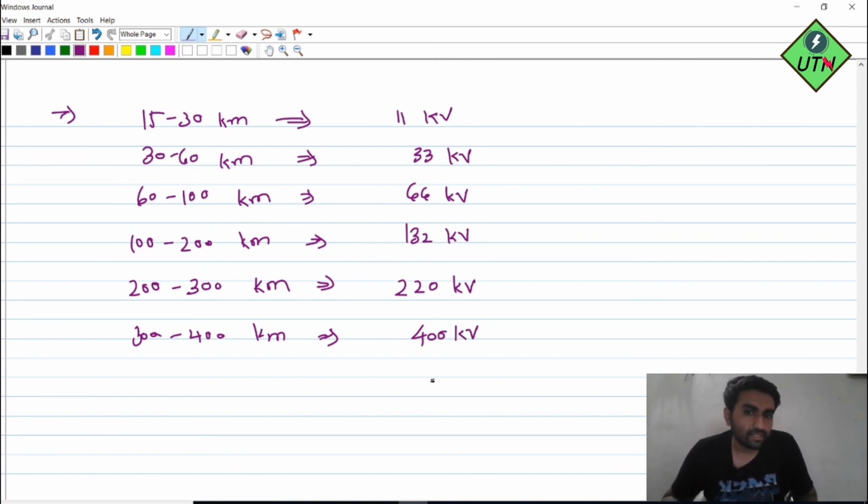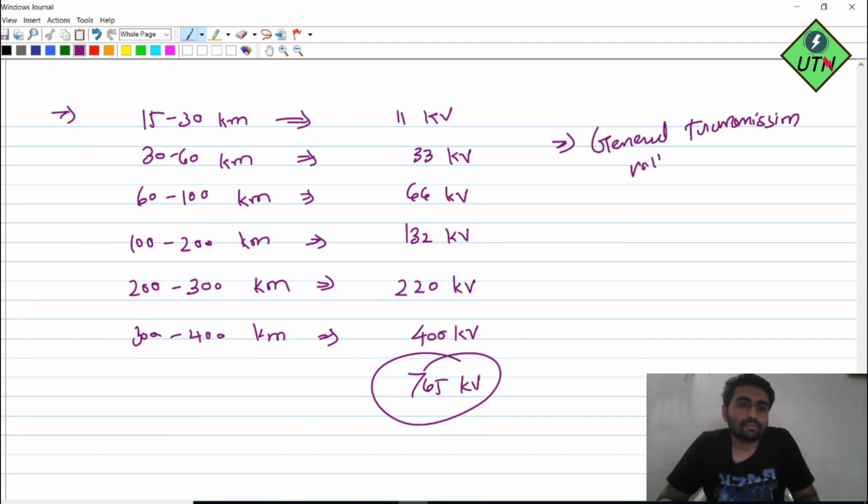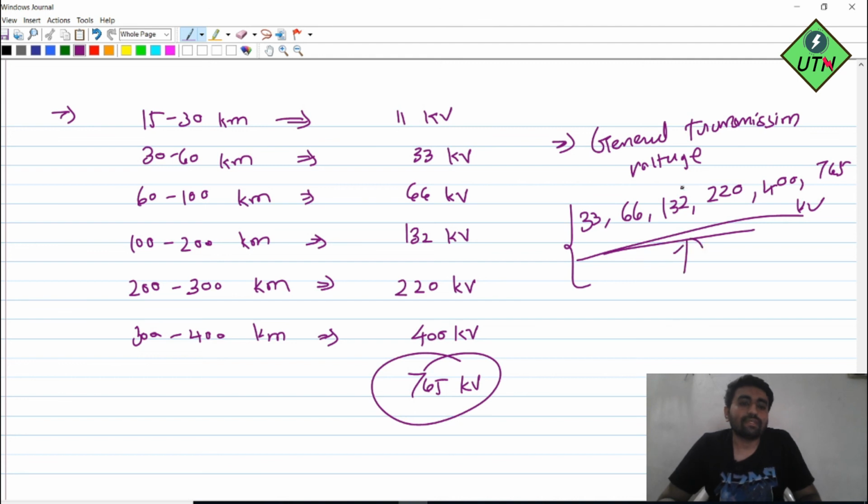If we are going further, we can also go for 765 kV. So from this data, the general transmission voltages in India are basically 33, 66, 132, 220, 400 and 765 kV, and mostly 220 to 400 kV is used in our transmission network.